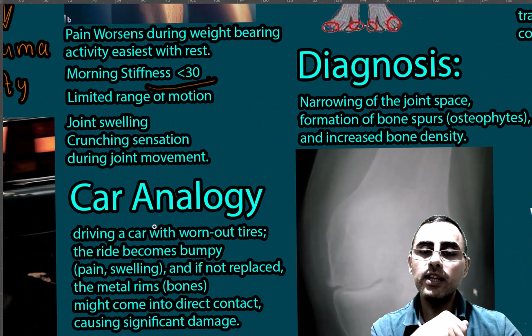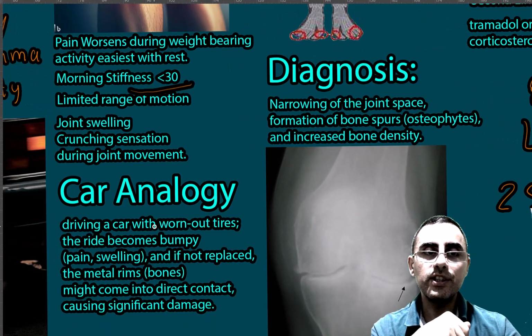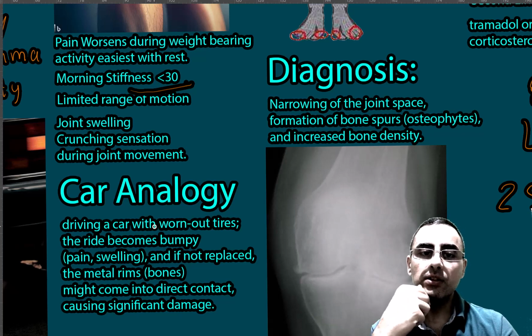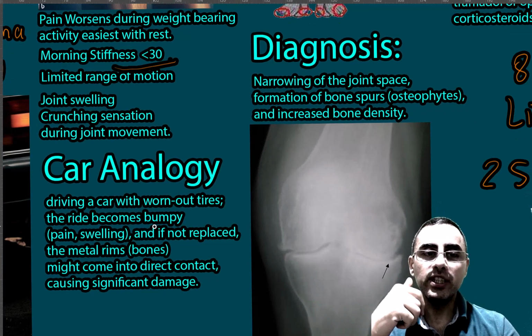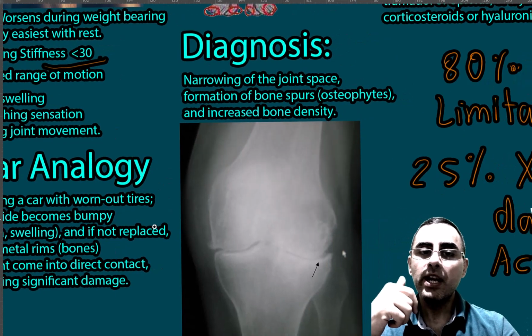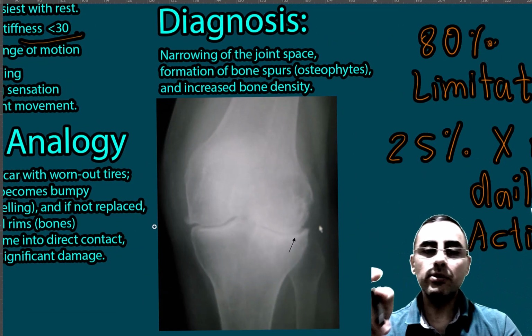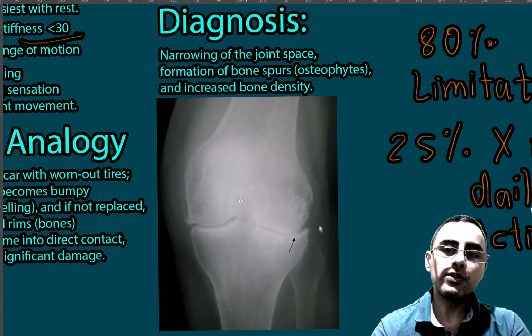What is diagnosis? Diagnosis, of course, physical examination, of course this diagnostic criteria such as pain which worsens during weight-bearing activities and which lessens during rest, morning stiffness, limited range of motion of joint, and on imaging, X-ray or computed tomography, we can see narrowing of joint space.